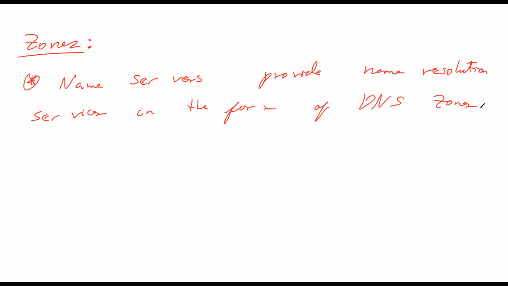So what are these? These are some files, right? These are nothing more than files that organize information. And this is what you guys will actually literally have to configure.